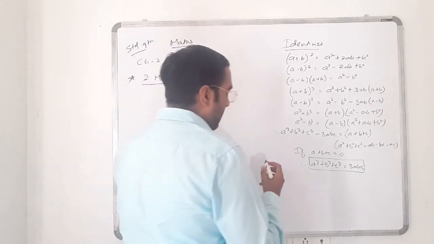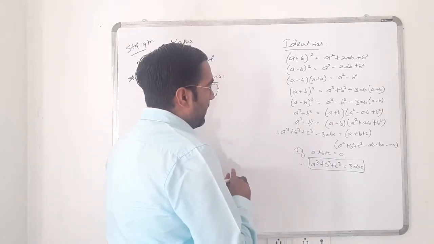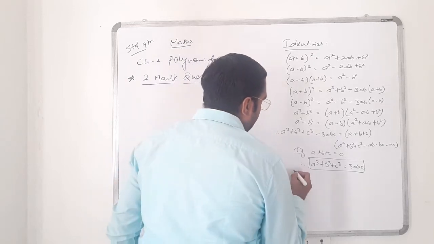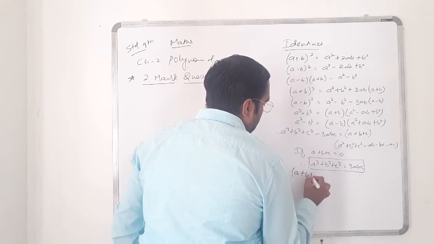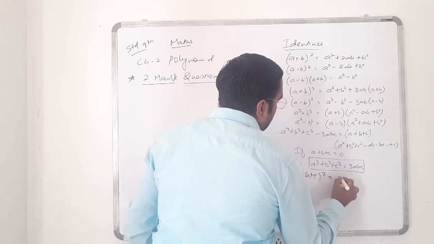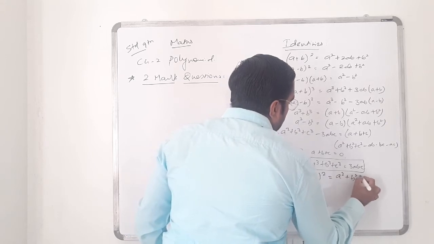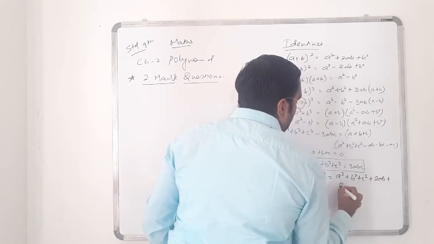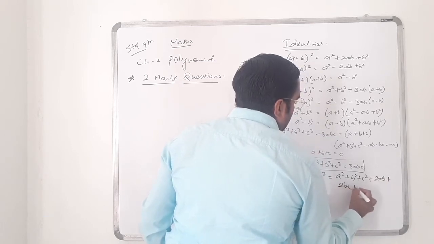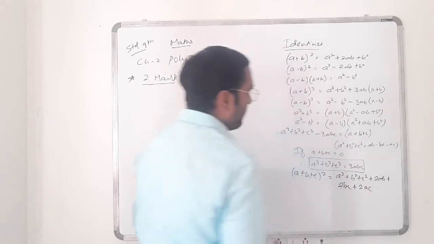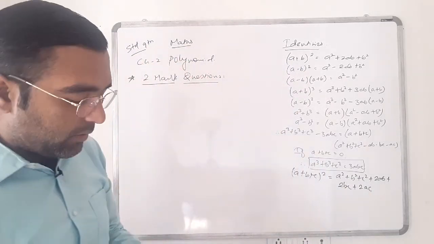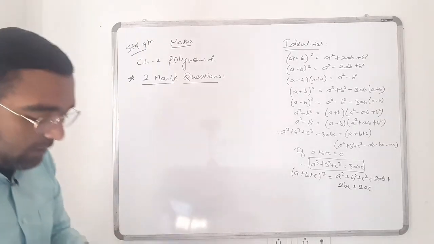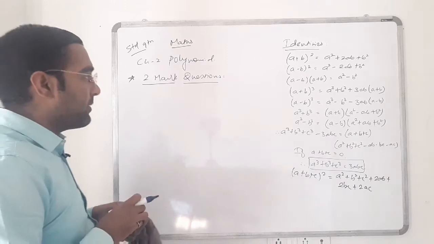That will be (a plus b plus c) whole square, that will be a square plus b square plus c square plus 2ab plus 2bc plus 2ac. Okay, this is also important from the examination perspective and worksheet perspective.